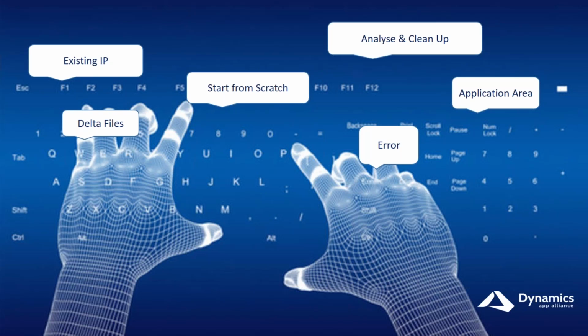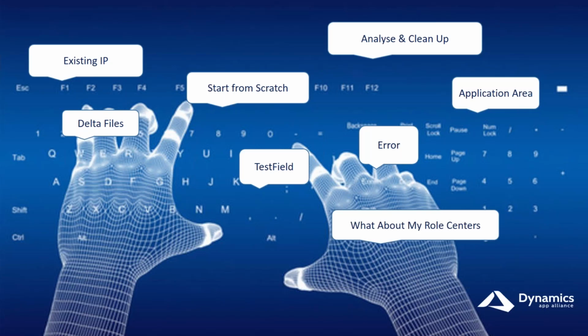And then from a simplicity perspective, you have to analyze your app and see how many occurrences of error and how many occurrences of test field you have, because these programming statements have actually become anti-patterns, since an error or a test field stops people from doing their work without guiding them to an answer, which is important if you program apps.